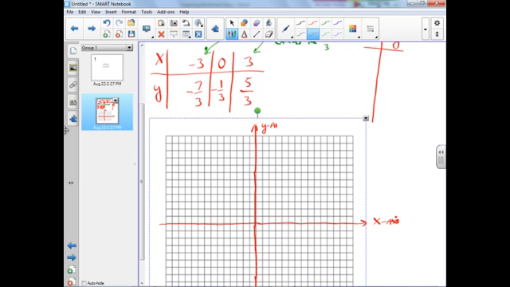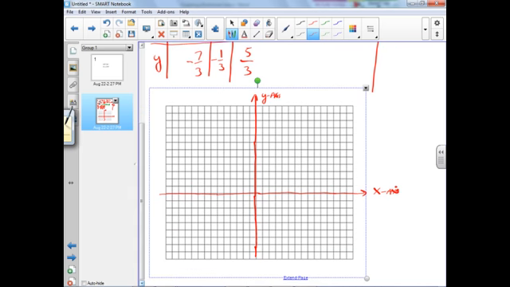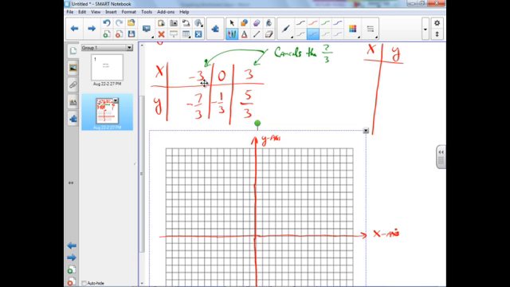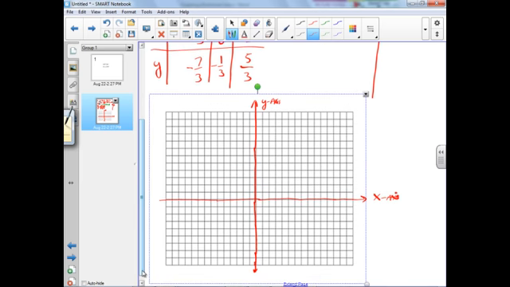So this is the y-axis. Oh, one more thing you should do after you label your axis. You should make up your mind what your scale is going to be. In this case, I'm just going to let each square be 1 unit.